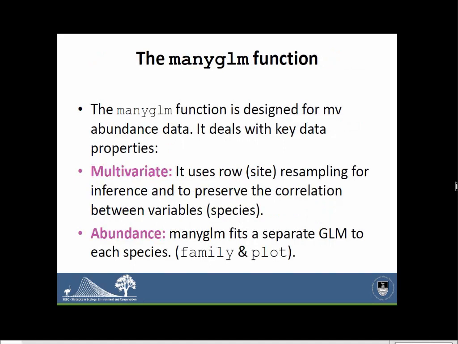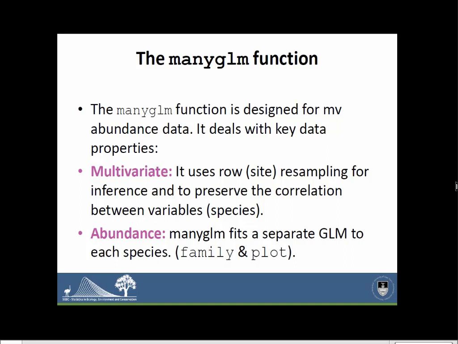Okay, so the function that we're going to talk about mostly today is the manyglm function, which is designed for this kind of abundance data, and it deals with those two properties that are really important. So in terms of the multivariate aspect, it uses row, which is site, resampling, in order to use that for inference, and also to preserve the correlation between the variables.